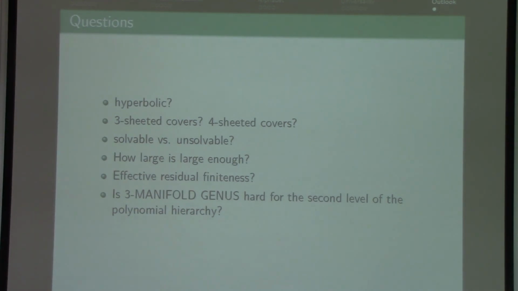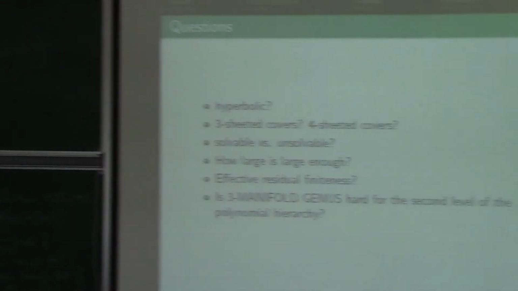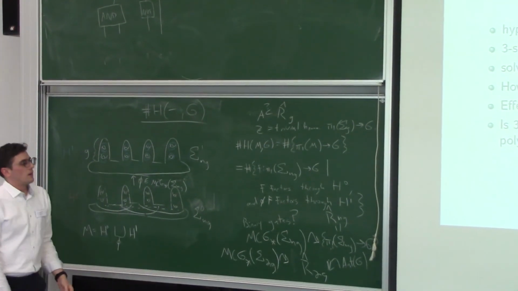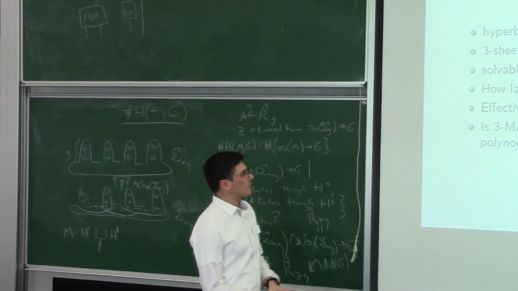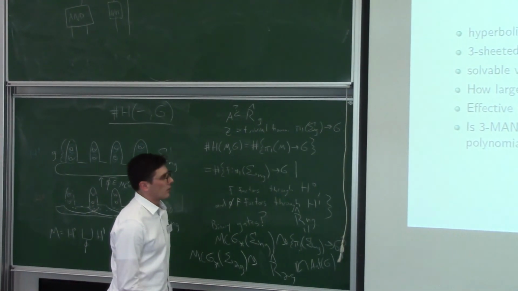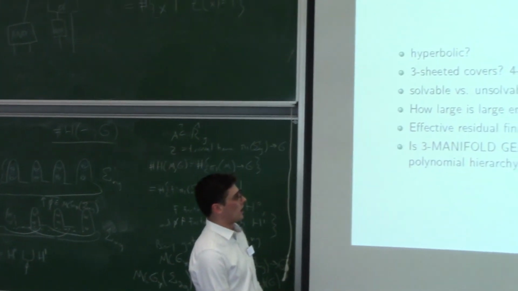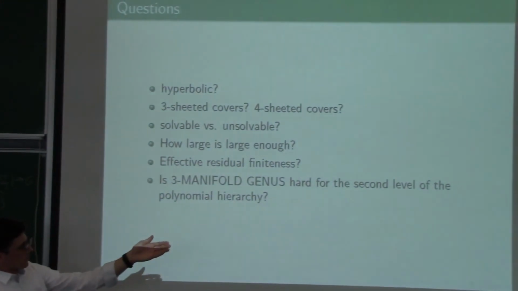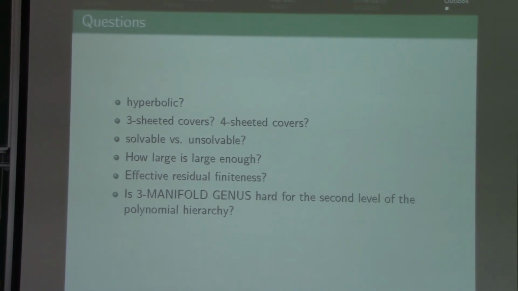Can you say that there are manifolds where this invariant certifies, or lower bounds, the genus, and use that to relate the 3-manifold genus question to some combinatorial question for reversible circuits? You're basically playing the game of how to minimize the number of ancillas. I'm not quite sure, but that problem feels like it's hard for the second level of the polynomial hierarchy. So maybe the problem of genus of 3-manifolds. Okay, so that's it.